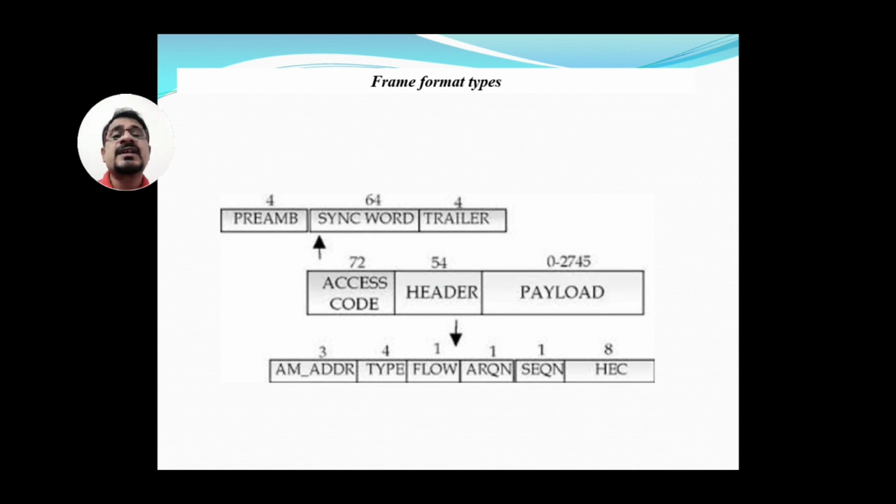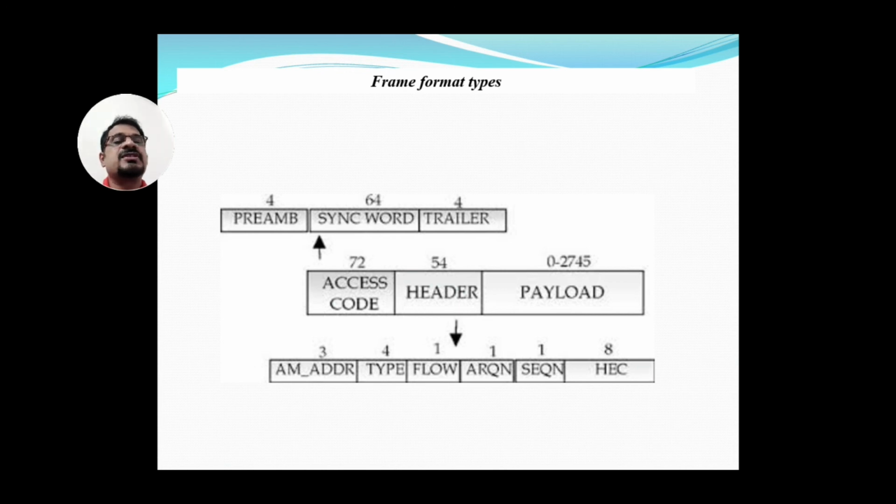And the header field, which consists of 54 bits, will have three sets. The first one is the address, and then the next 4 bits specify what type it belongs to, and then the third one specifies the flow control, and then the automatic repeat request, ARQ, and then the sequence number, SEQN, which is 1 bit, and then the header error check field.